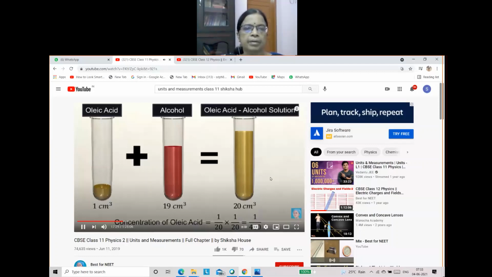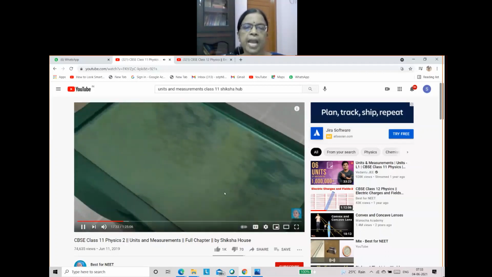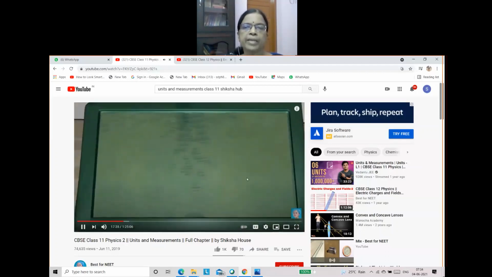Next, we take water in a large trough and sprinkle some lycopodium powder on it. See, water in a large trough is taken and some lycopodium powder is sprinkled on it. Lycopodium powder will spread uniformly on the surface of water. We can see some lycopodium powder on its surface.